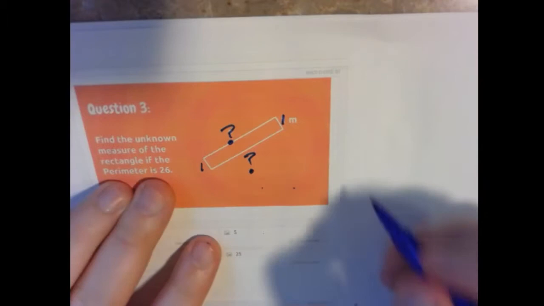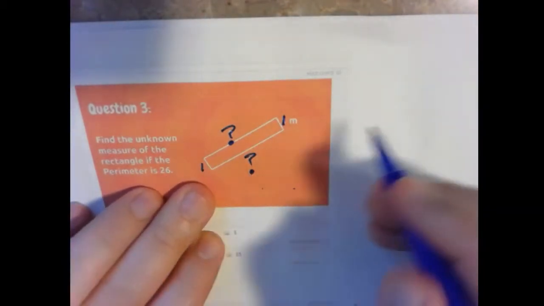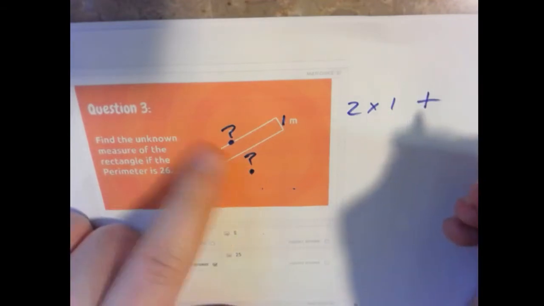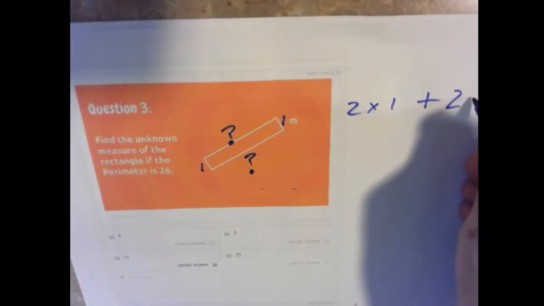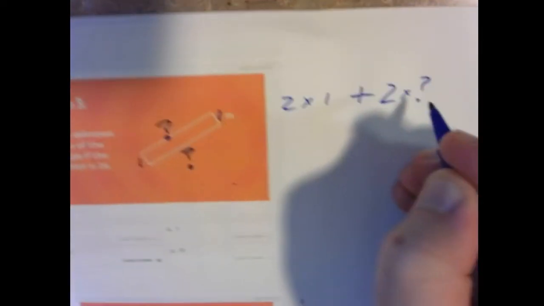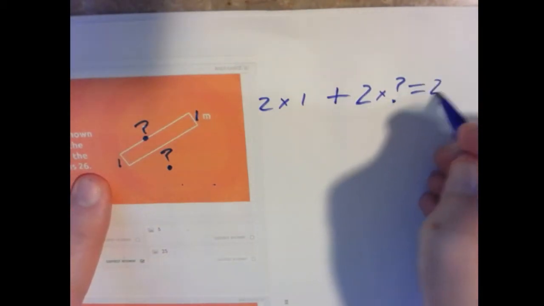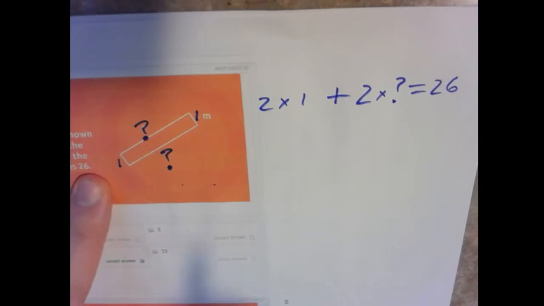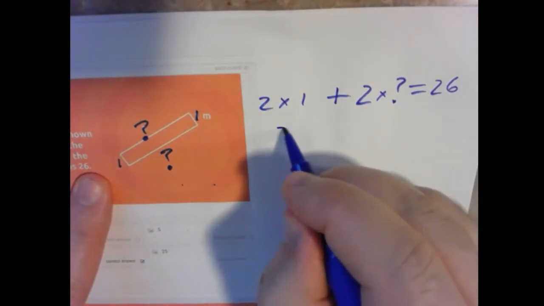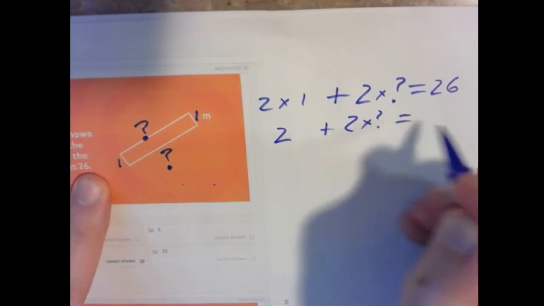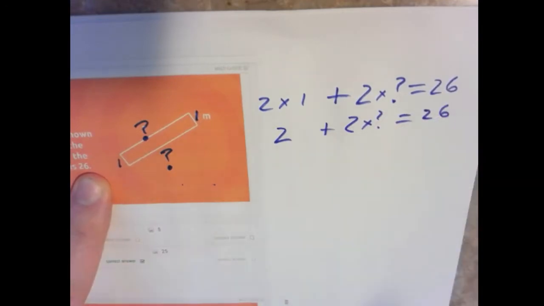So if we did 2 times 1 plus 2 question marks, it tells us 26. What is 2 times 1? That's 2 plus 2 times a question mark makes 26.